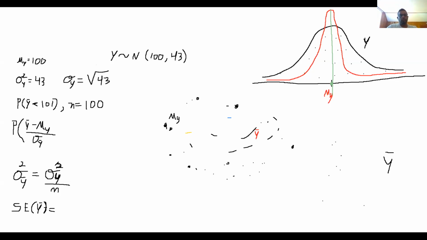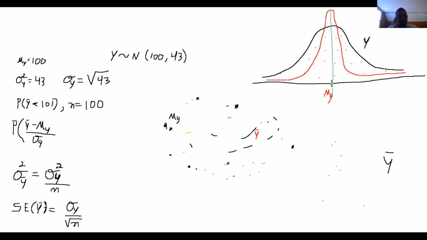So the square root of the variance is the standard deviation divided by the square root of n.